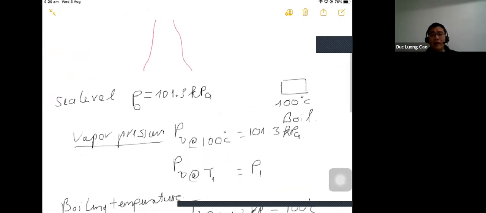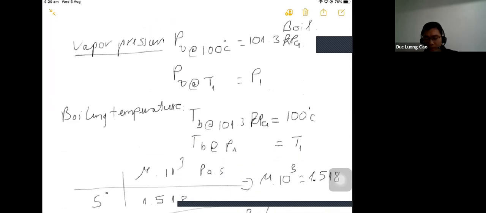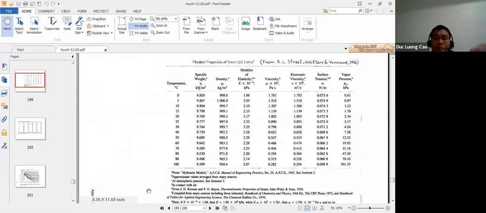Vapor pressure means, if you want to boil water at temperature T1, you have to create a vapor pressure P1 for water. It's similar for boiling temperature. In the table here, if the first column is the temperature, the last column will be its vapor pressure.